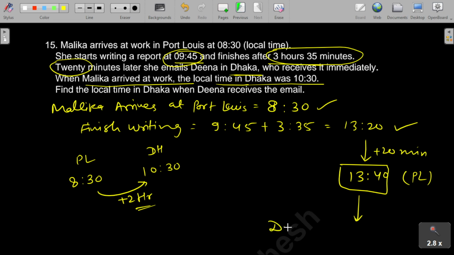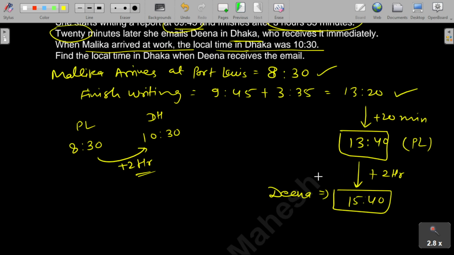So when Dina receives the mail, we have to add 2 hours in this one. Okay, so it is 15:40. So Dina receives the email at 15:40.